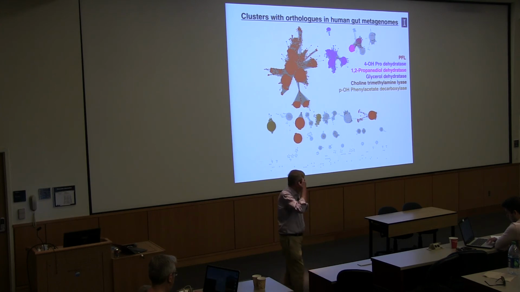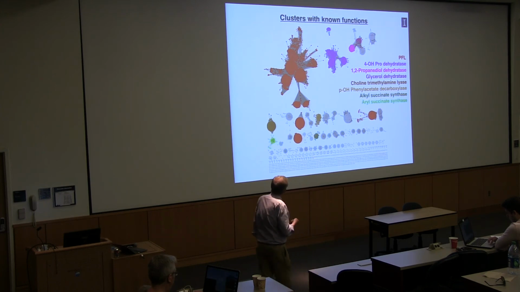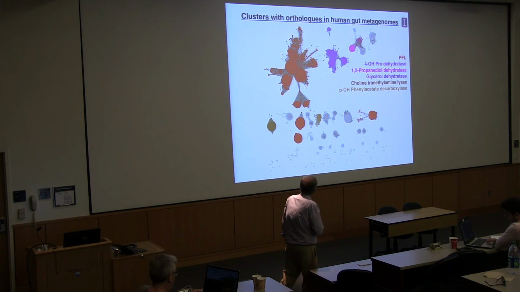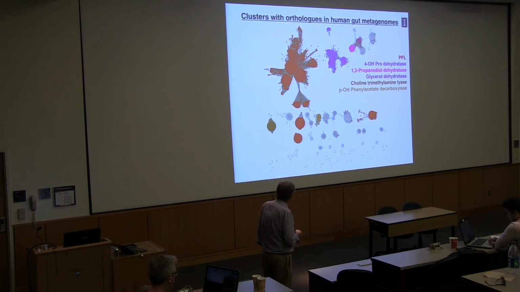Okay, so you can see that some of the characterized ones went away, but what you're left with is a lot of gray ones that have unknown functions. All right, so this chemically guided functional profiling allows one to identify these clusters that might be worth going after.